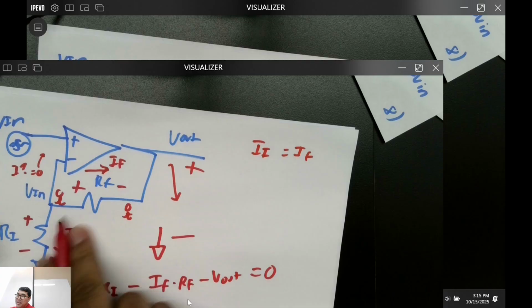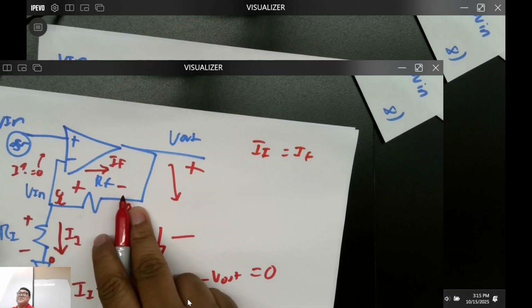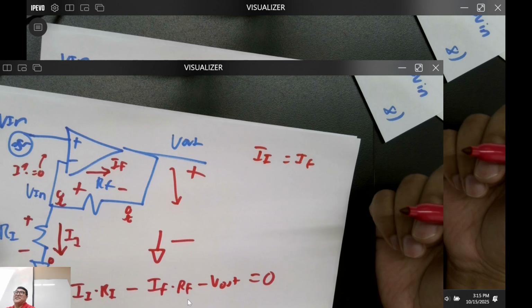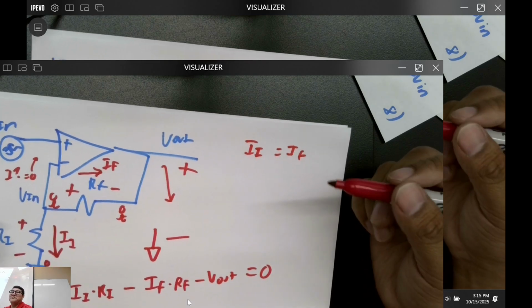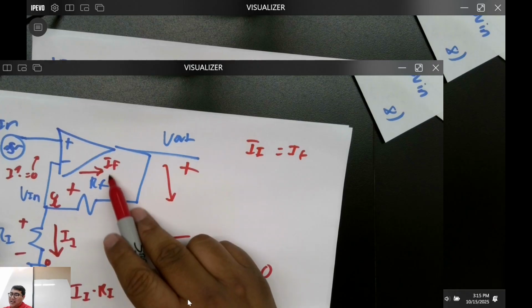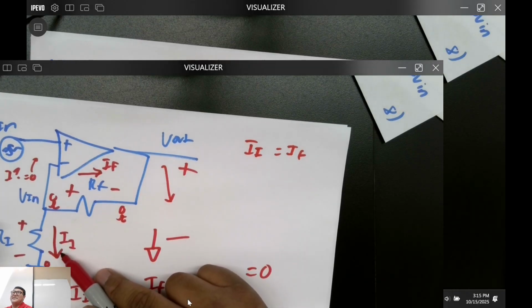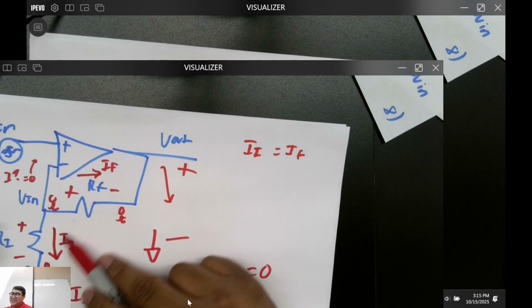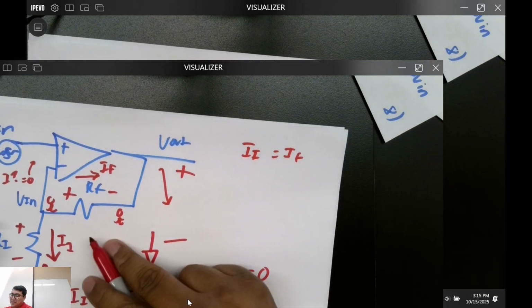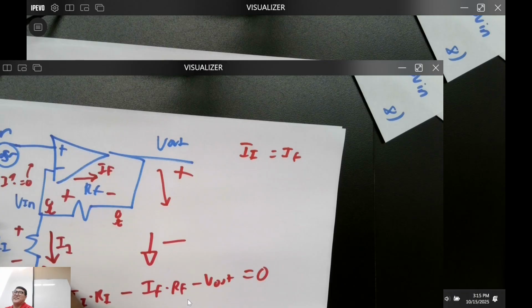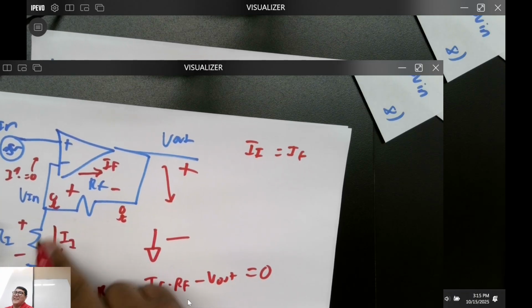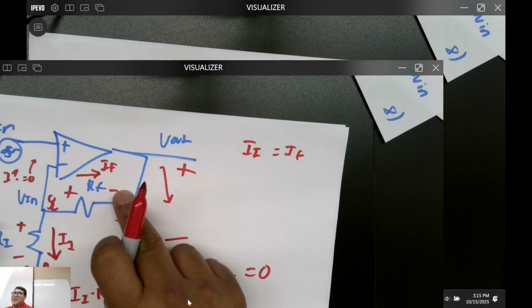So what does this mean about II and IF? They're just negatives of each other. So IF is equal to minus II.